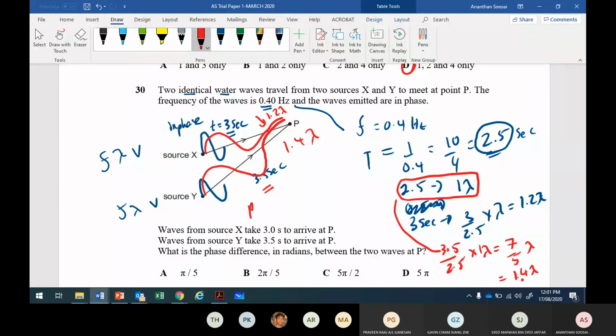For 1 lambda, the phase is 2 pi radian. So 0.2 times 2 pi radian is how much? 0.4 pi radian. So this is the answer. 0.4 pi radian is actually 2 pi over 5. So B is the answer.